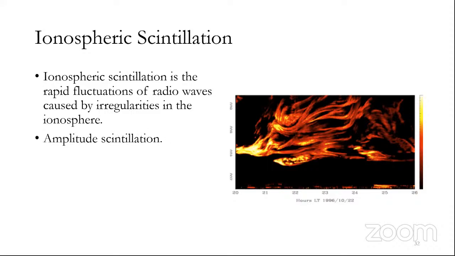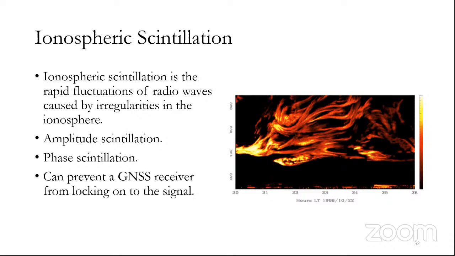And what it causes is something called amplitude scintillation. When the signal passes through an irregularity, the amplitude would vary, the signal power would change, and the phase of the signal might change. So unlike the total electron content, whose electrons induce errors in terms of meters, scintillation can completely prevent a receiver from locking onto the signal. And therefore, the receiver will not be able to find its position.